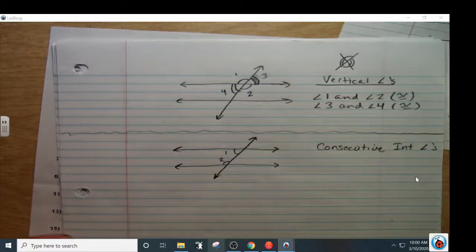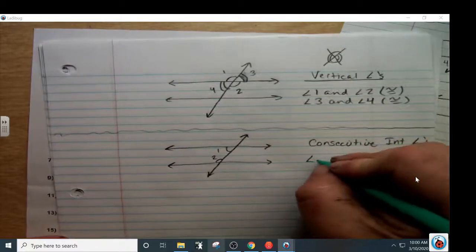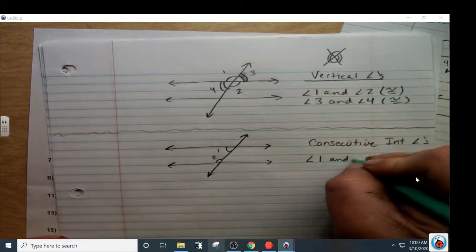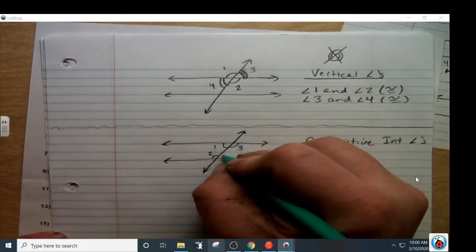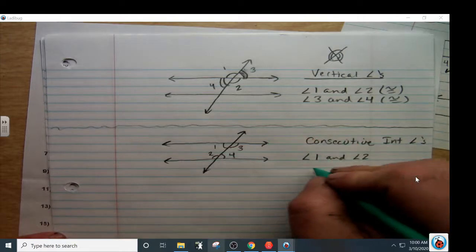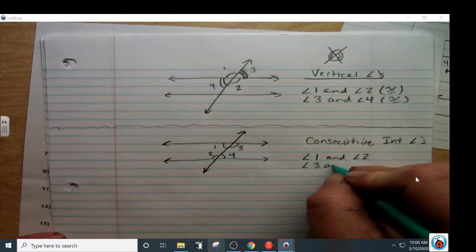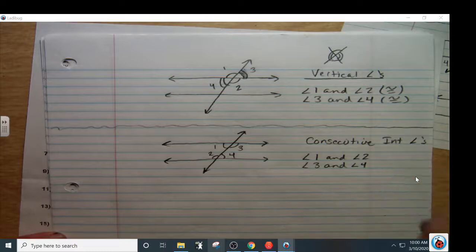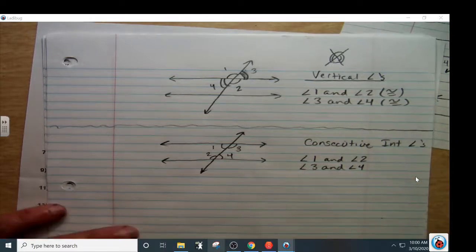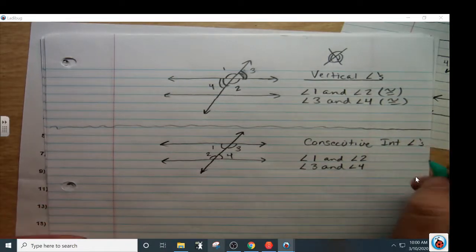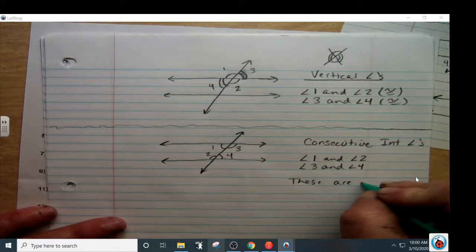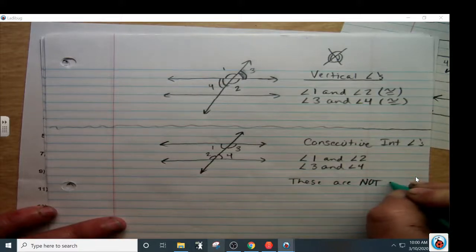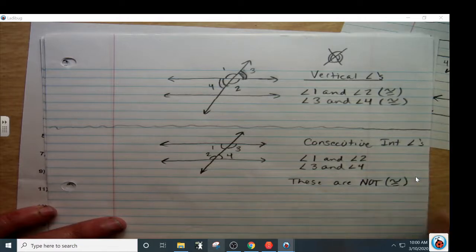Angles 1 and angle 2 are consecutive interior, and angle 3 and angle 4 are consecutive interior. Now, guys, these are not congruent.